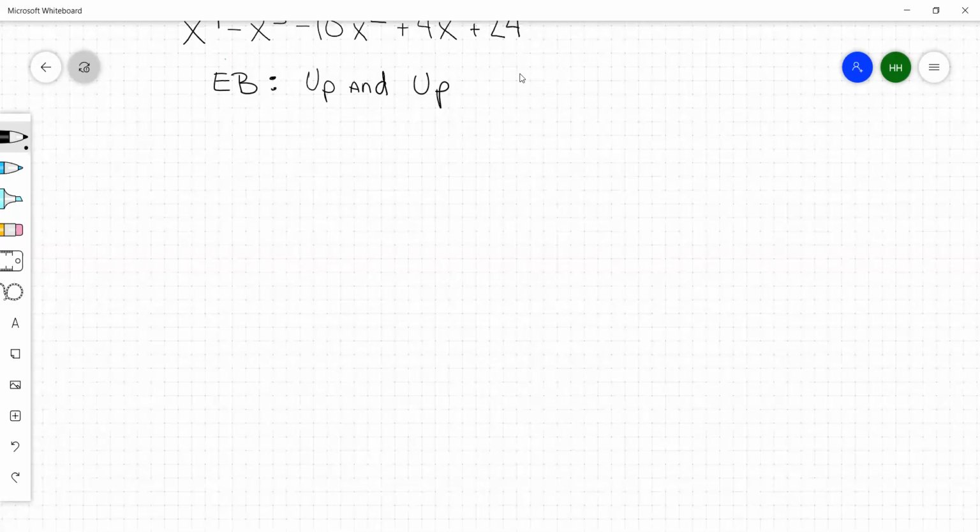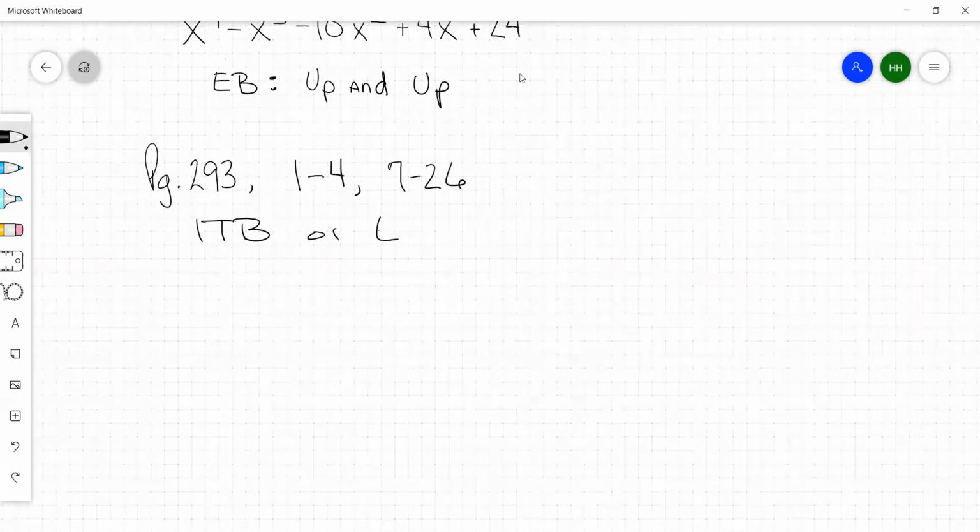Page 293, find the zeros. 1 through 4, and 7 through 26. That's going in the basket, or you're going to email me a picture.